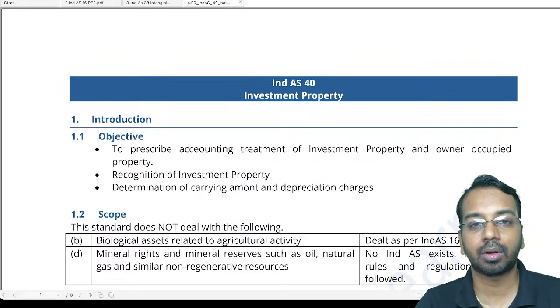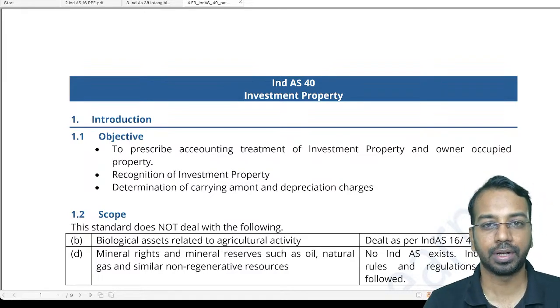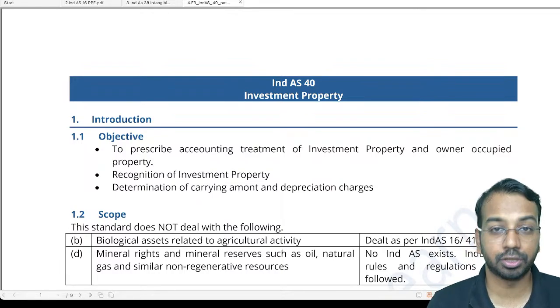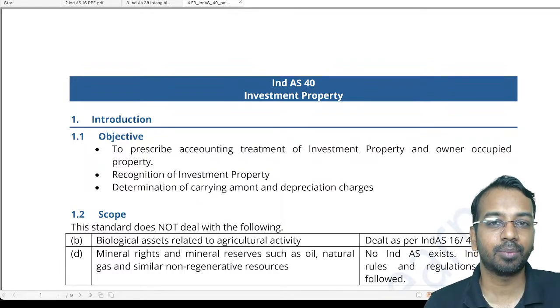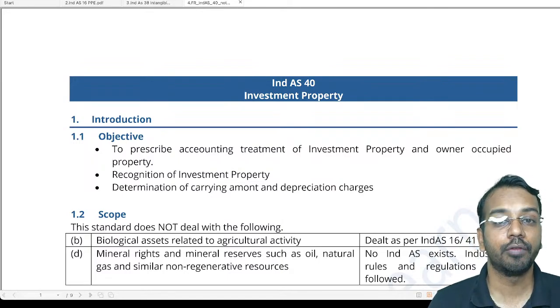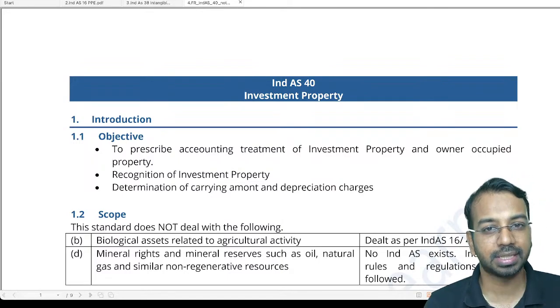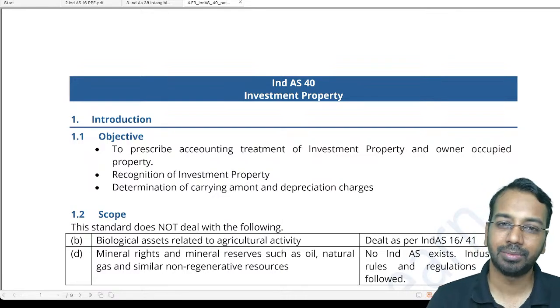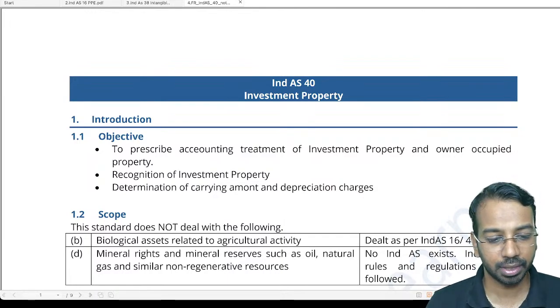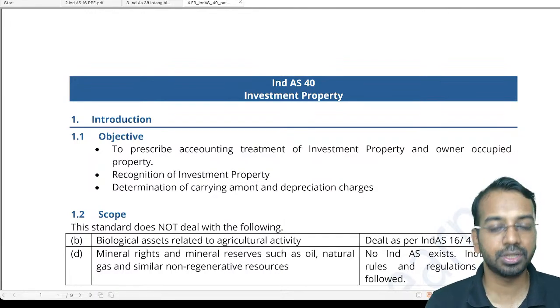A lot of things are common between these standards. For example, revaluation is common, and the core part of the definitions is common. Because there is some commonality between these standards, during examination time when you have to revise, you should revise these three standards together, and maybe immediately after this we can follow up with Ind AS 36, Ind AS 105, and also Ind AS 2, so that the revision becomes logical.